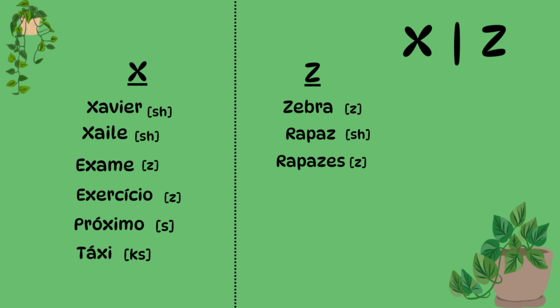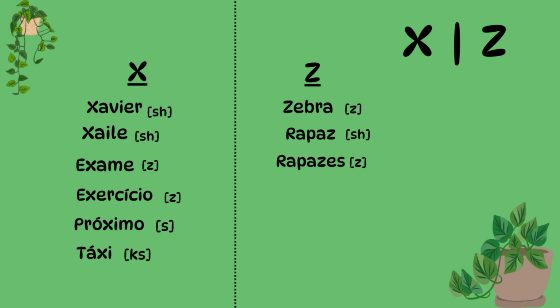And then at last we have the letter Z. In the case of letter Z, we have two pronunciations: Z, the normal pronunciation, and sh. When the letter Z is at the beginning or in the middle of a phrase, it's pronounced normally, like zebra, rapazes.